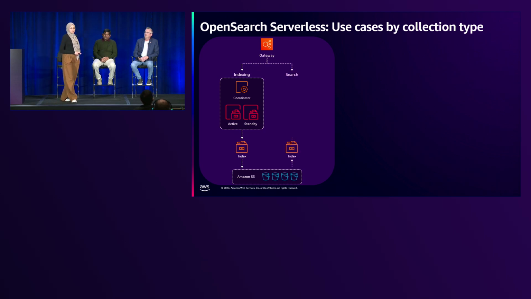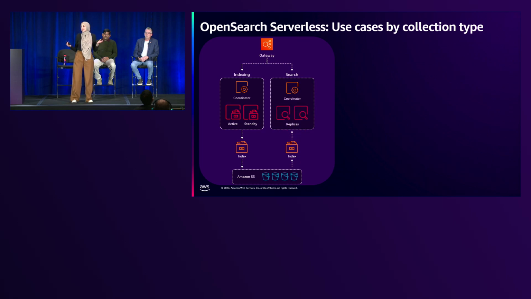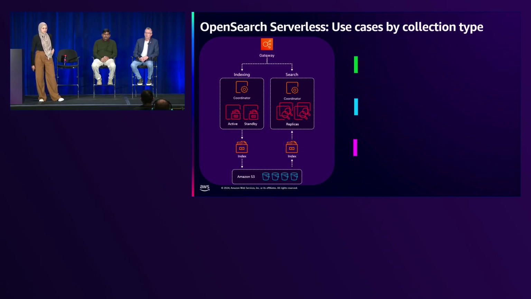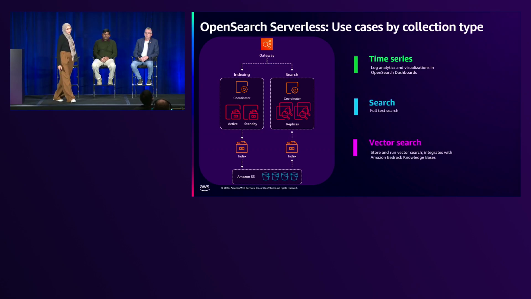This separation of concerns allows us to scale the indexing and search independently, optimizing the resource utilization within the service. OpenSearch Serverless offers 3 types of collections.